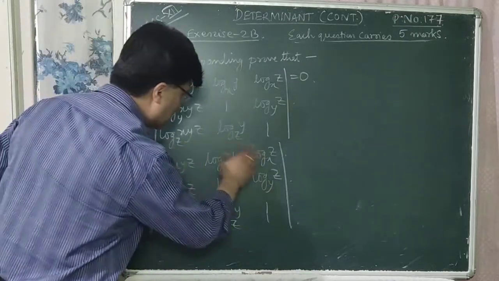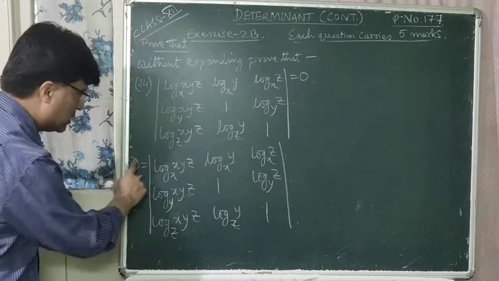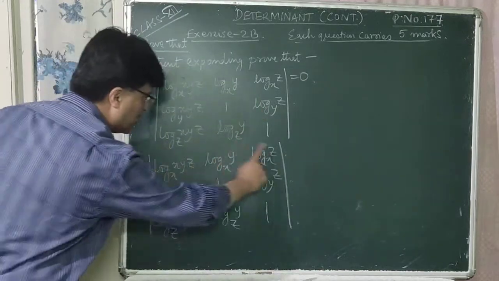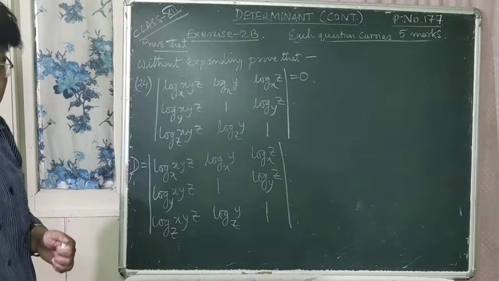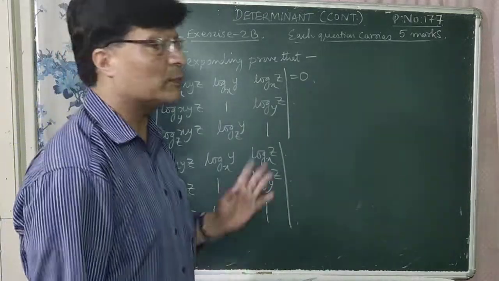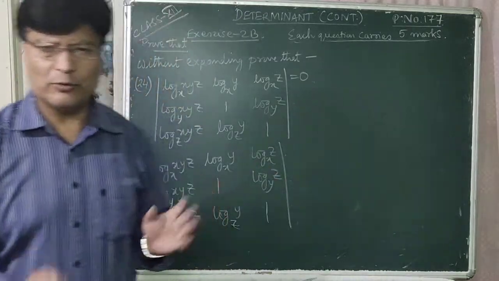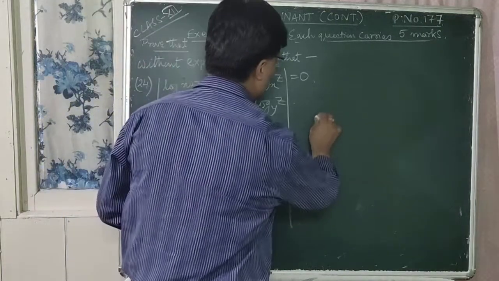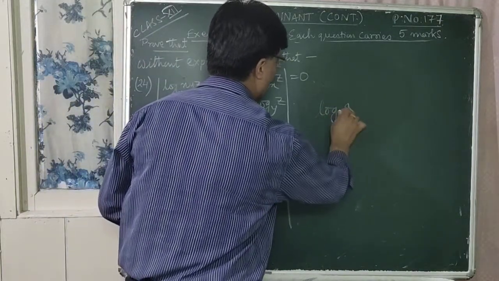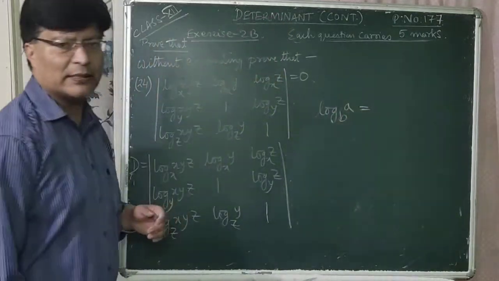So let us write down the left hand side determinant, that is D is equal to this determinant, again written out here. Okay. So now you should know the properties of determinant. If you have log A base B, how can you write it?